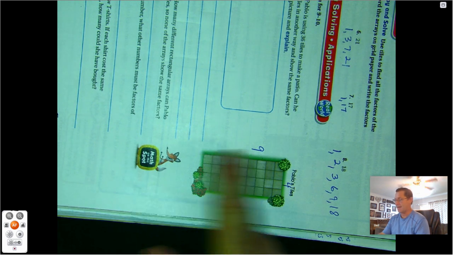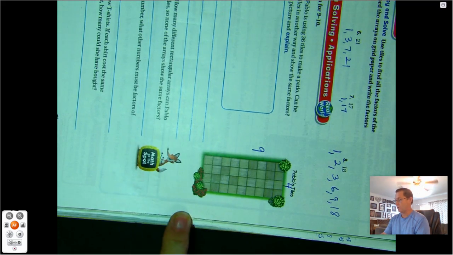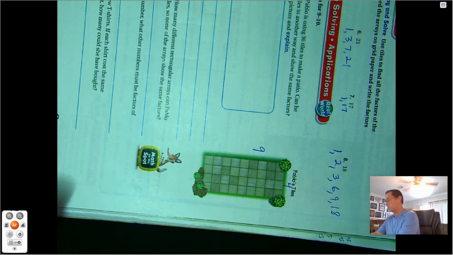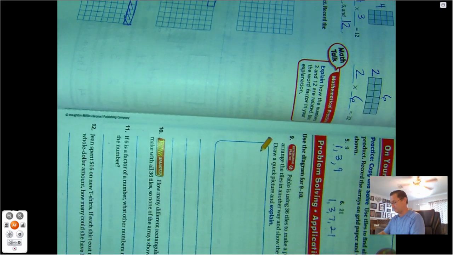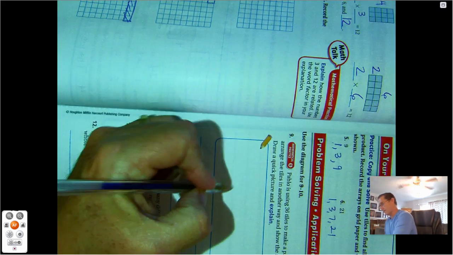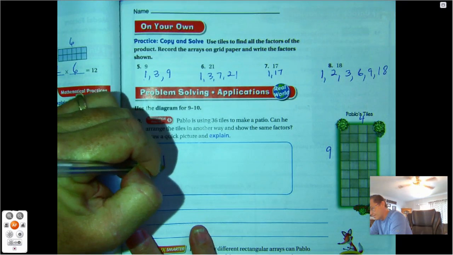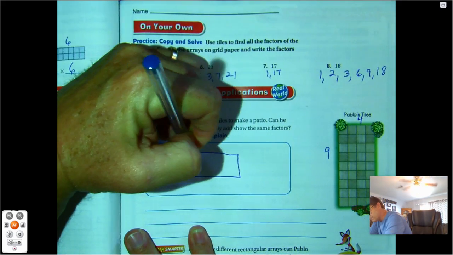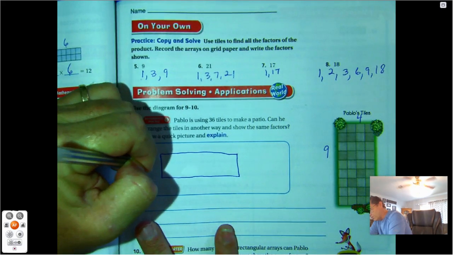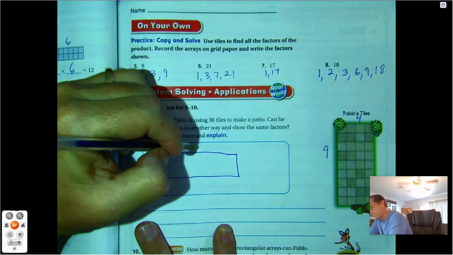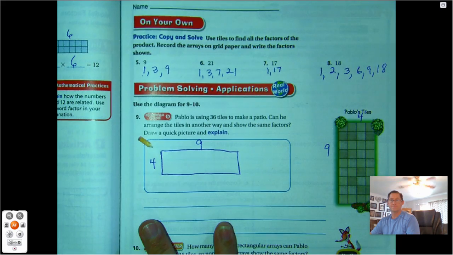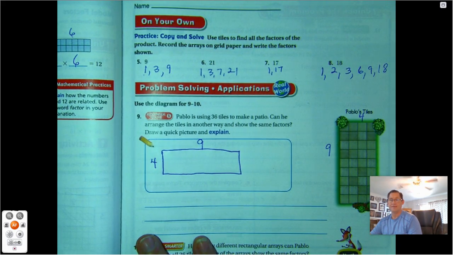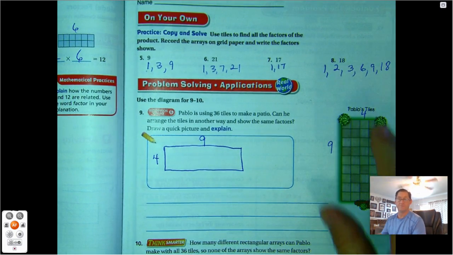So sure, he could change it around, and I'm not going to draw all the little squares in. So I'm going to show 4 by 9. 4 rows of 9 instead of 9 rows of 4. So it's the same amount, but it's oriented different. Okay.